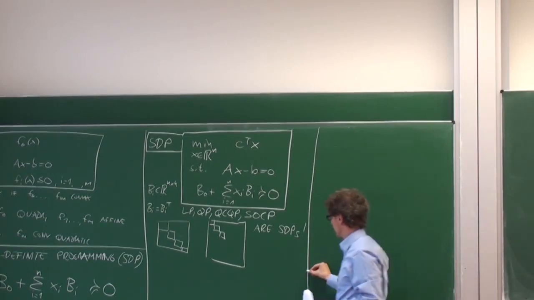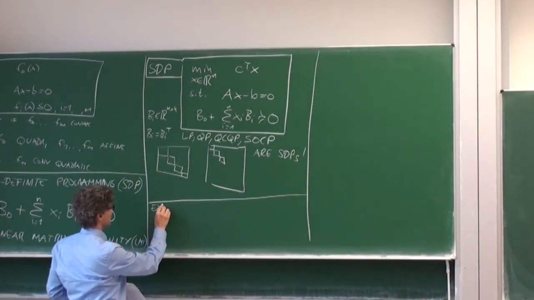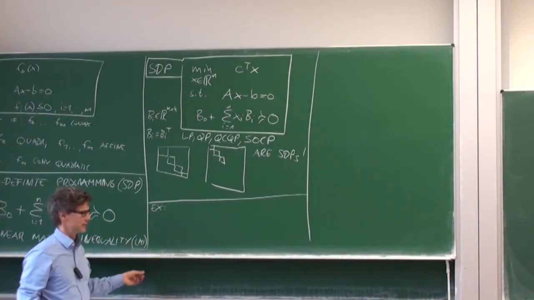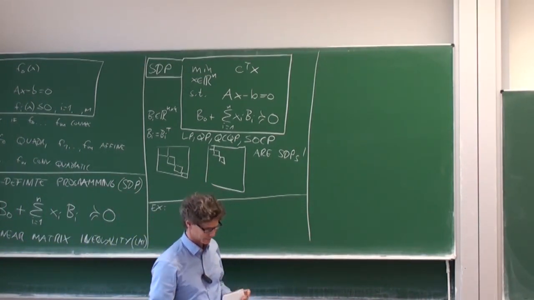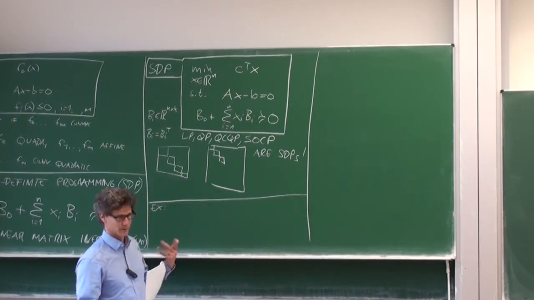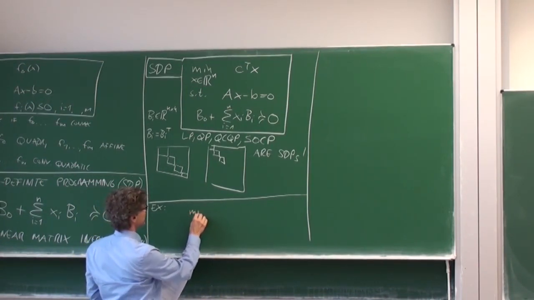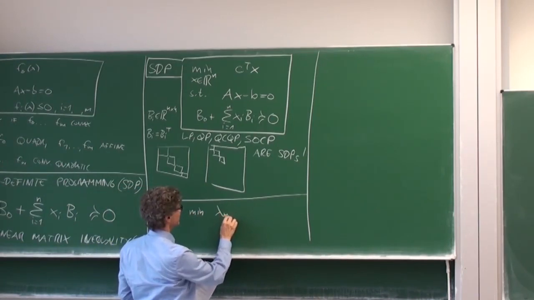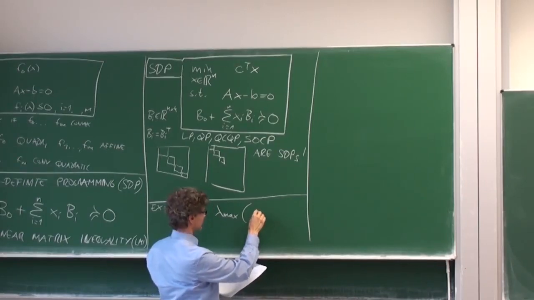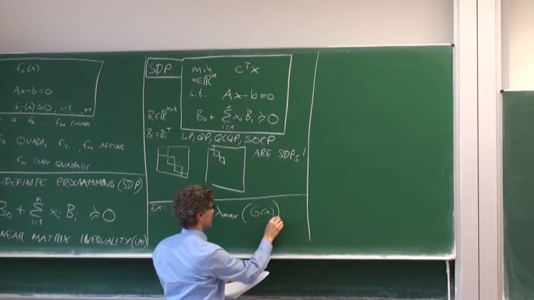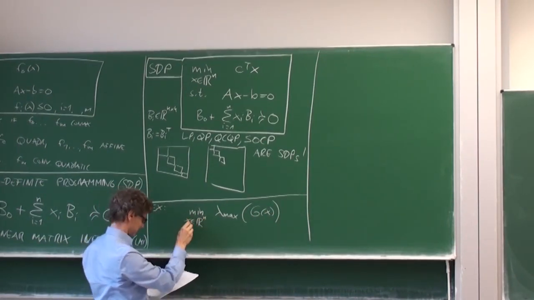The example I want to look at is minimizing the largest eigenvalue. It's a problem that sometimes arises in stiffness optimization, when you want to have a structure which is, so to say, as stiff as possible. Or it could come up in other applications, but sometimes you have the problem that you want to minimize the maximum eigenvalue of a matrix, which I call G of X, and you want to optimize over variables X in R^n.